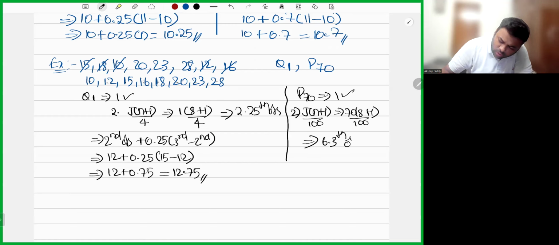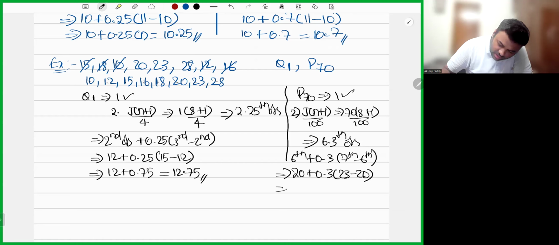Is it the answer? No, it's just a location. So 6th observation plus 0.3 into 7th minus 6th. What is the 6th one? 20 plus 0.3 into 23 minus 20. It's 20 plus 0.9, which equals 20.9.